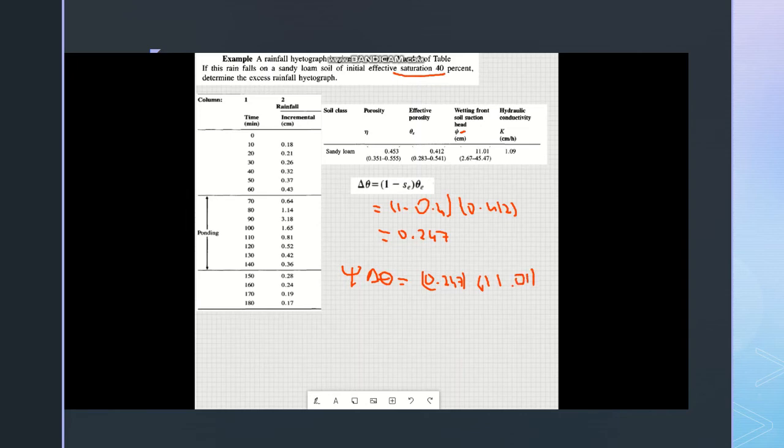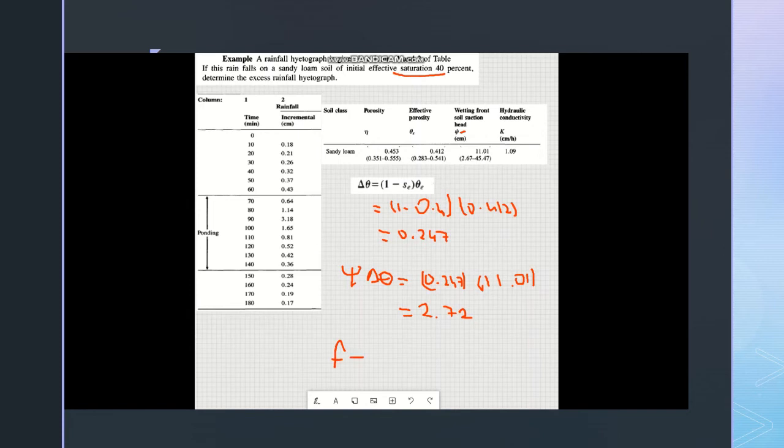This then gives 2.72 centimeters. We are using this to find the infiltration rate.